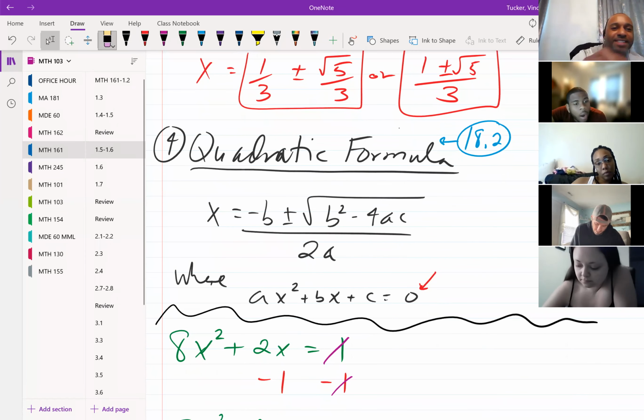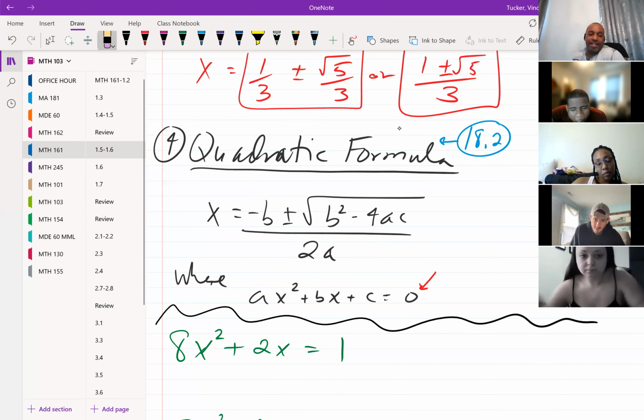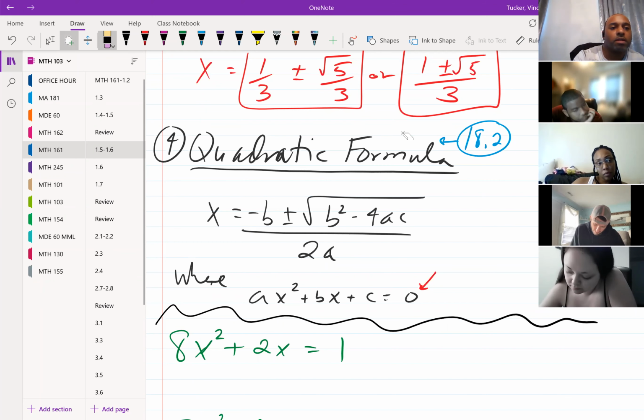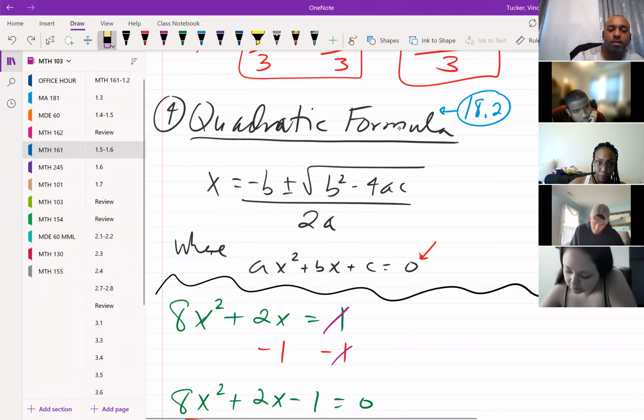All right, let me erase this. So first one, 8x squared plus 2x equal to 1. First move is to set one side equal to 0. So we'll subtract 1 from both sides.